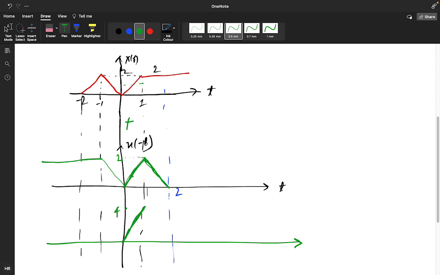Now here it is the constant value, right? This is the constant value, and here the value is decreasing. So when you add it, 2 plus 2 will give you 4. Now the value will decrease. When it reaches 0, you will get somewhere this 2 value.